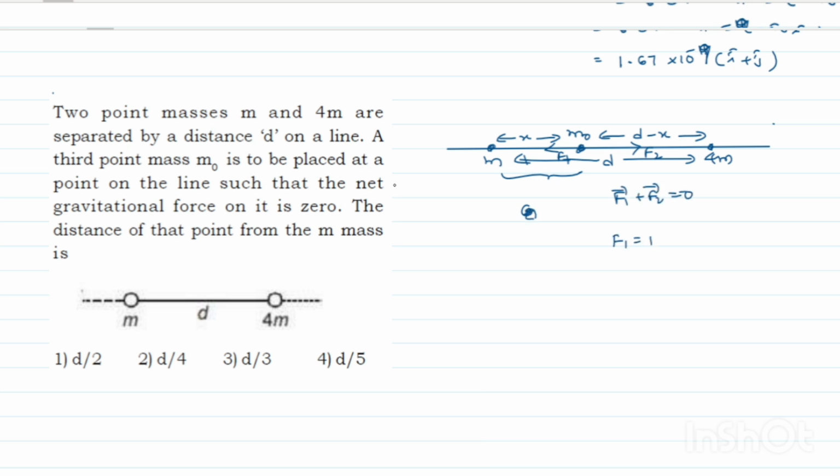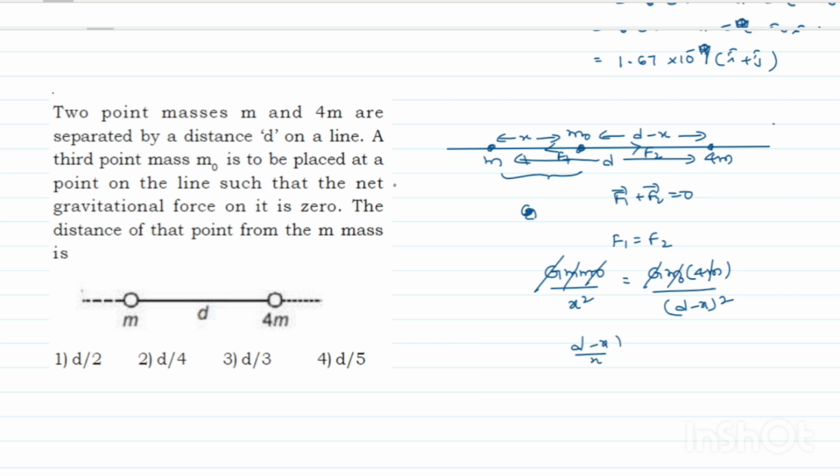Magnitude alone if you are talking, F1 equal to F2 you can take, and F1 you can take as G into m naught by x square, which will be equal to G into small m into 4m, m naught into 4m by d minus x whole square. Here G small m gets cancelled, and here m naught gets cancelled.